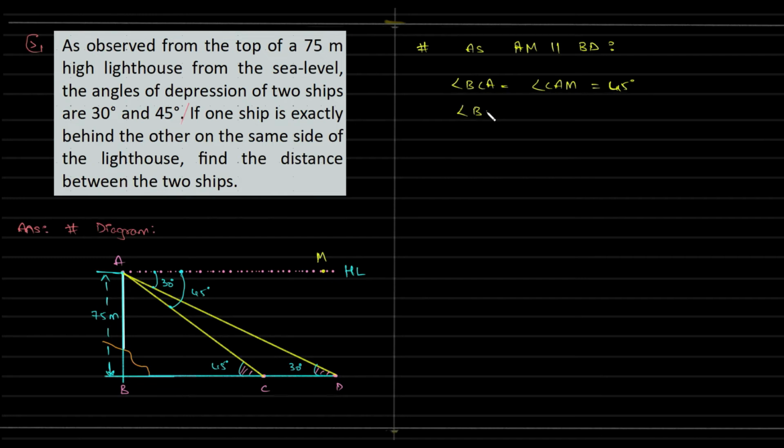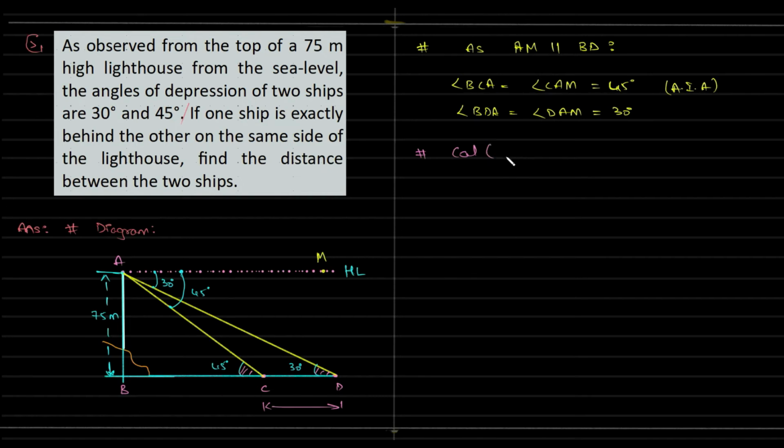Angle BDA is equal to angle DAM is equal to 30°. Both of these are alternate interior angles. Next, we need to calculate BC and BD so as to get CD. They want us to find the distance between the ships, so basically we have to find CD, is it not?